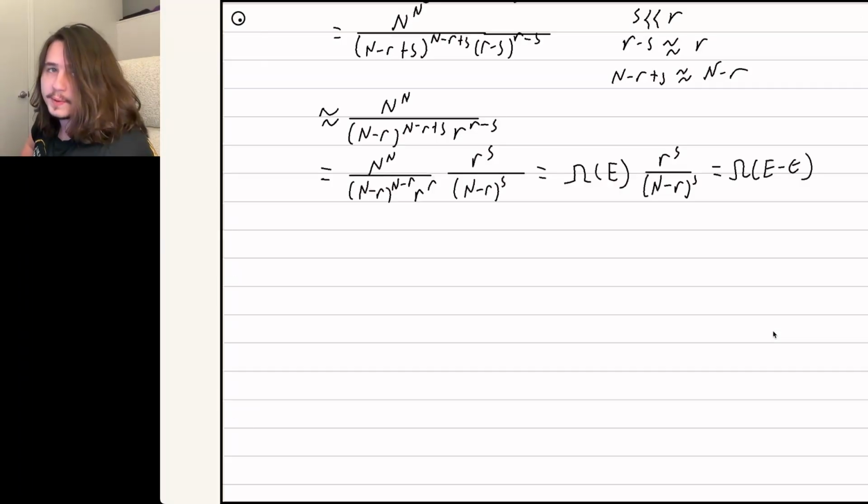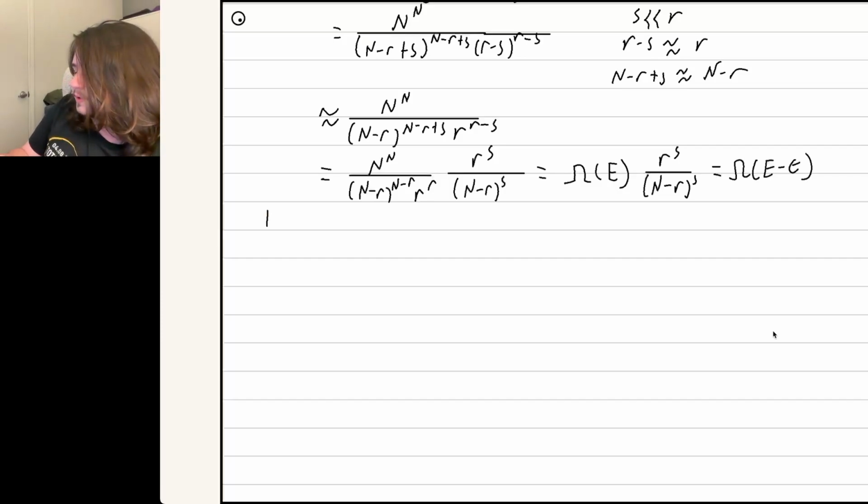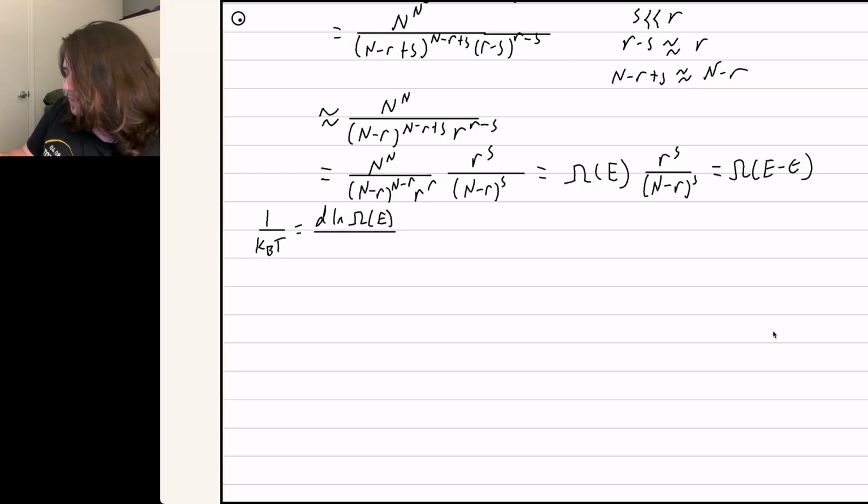The problem also asks us to find the temperature of the system, assuming a Boltzmann distribution. So the way to do that is to use this equation, which relates the Boltzmann constant and temperature equal to the change in the natural log of the number of arrangements divided by the change in energy.